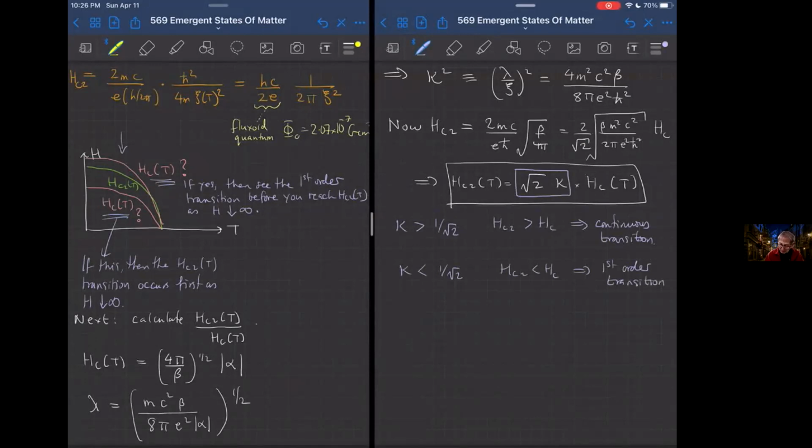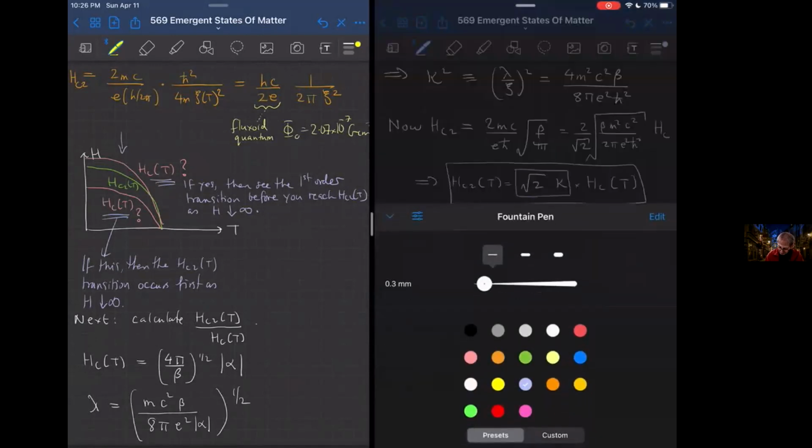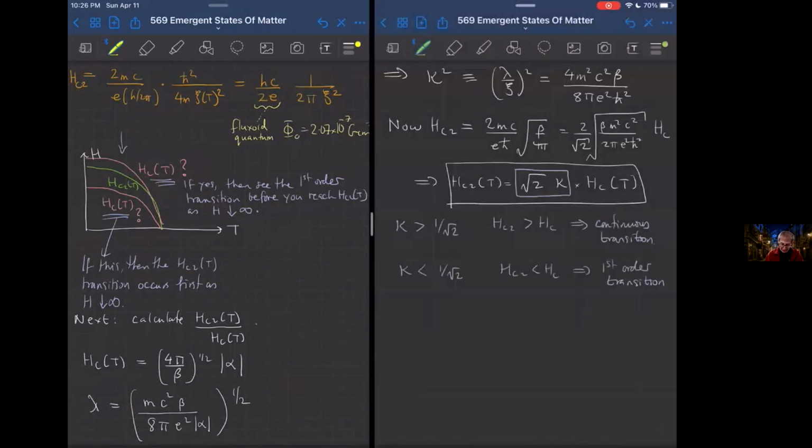And so whether we have a type 1 or a type 2 superconductor depends on the value of kappa with respect to 1 over the square root of 2. This type, where kappa is small, is called a type 1 superconductor. And when it's larger, it's called a type 2, and we know that that means that we have a negative surface energy.